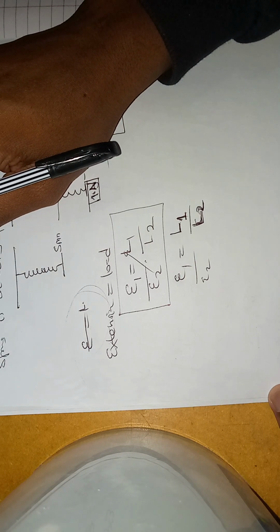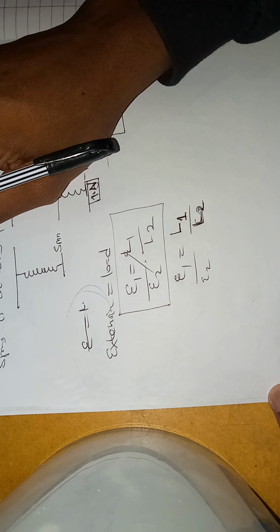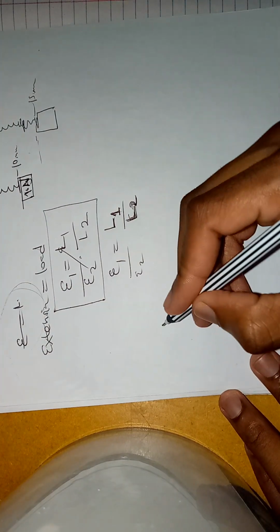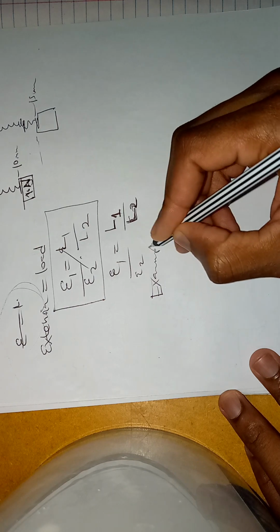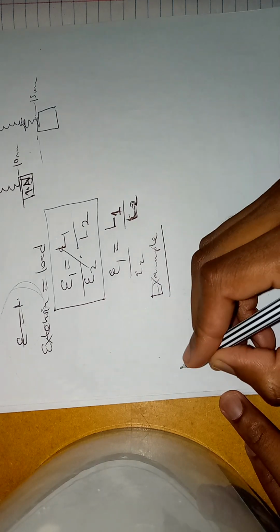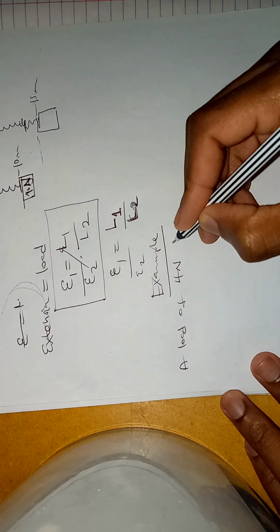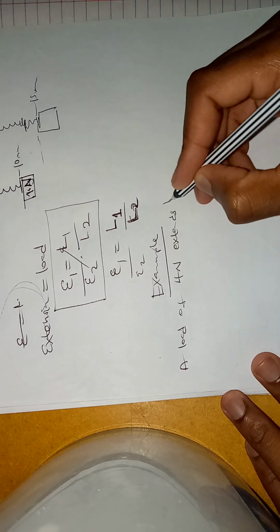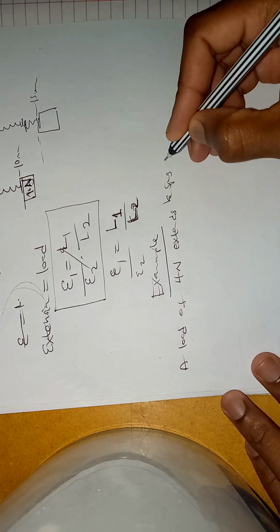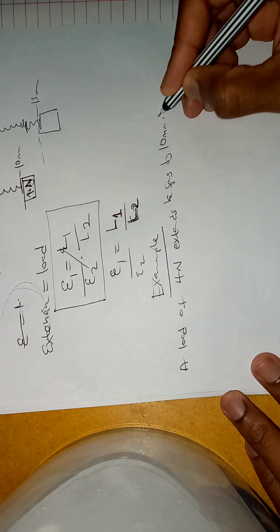So now let's look at some questions that we're going to find under this load and the extension. You'll be told, for example, a load of 4 newtons extends a spring by 10 millimeter.